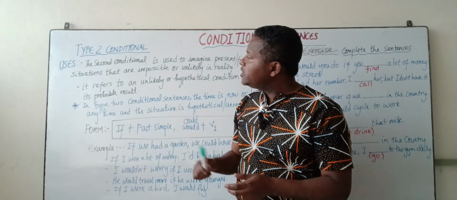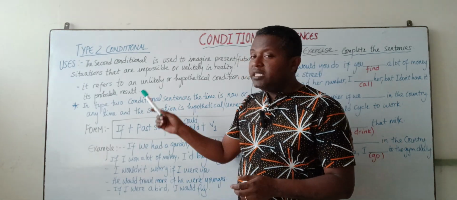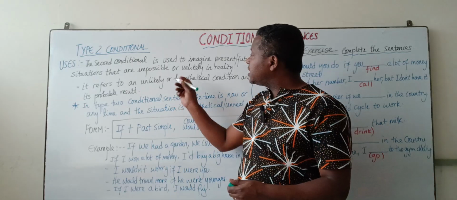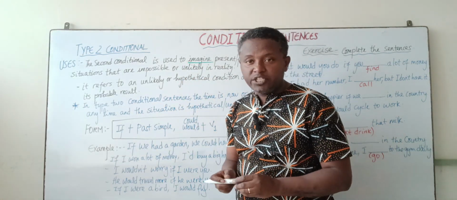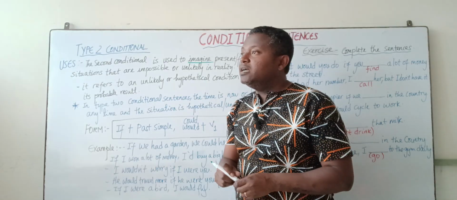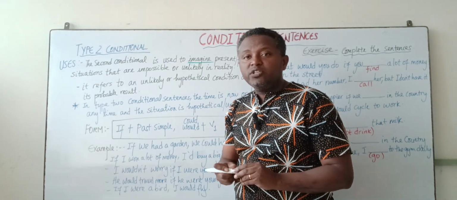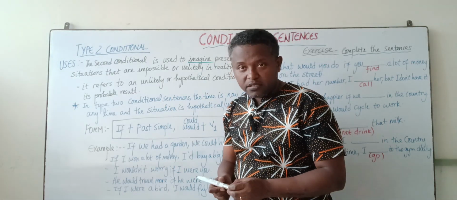Conditional type 2 is an imaginary situation with a probable result.